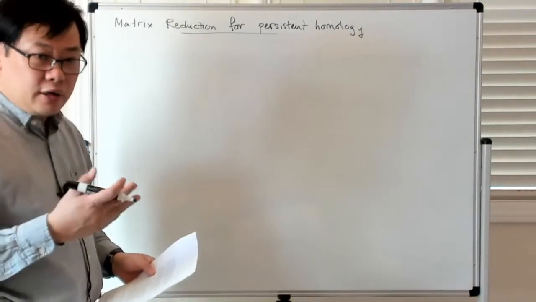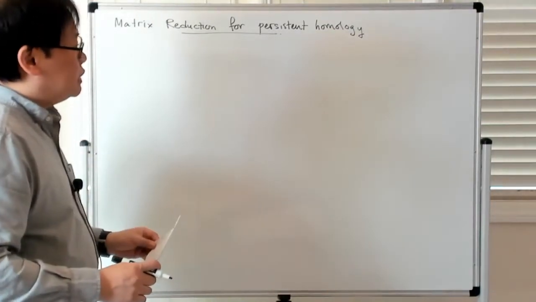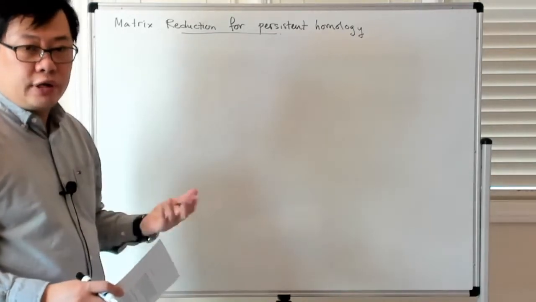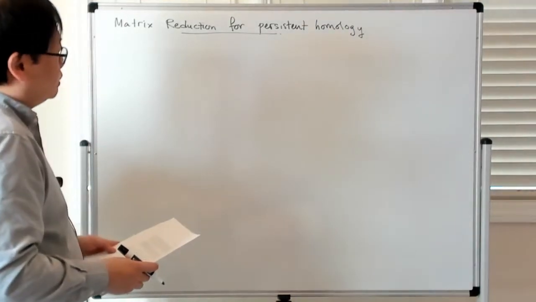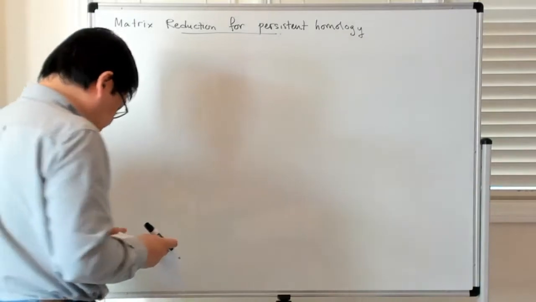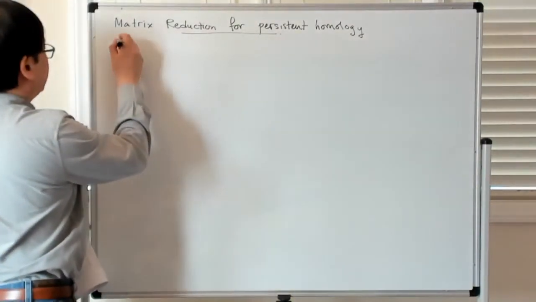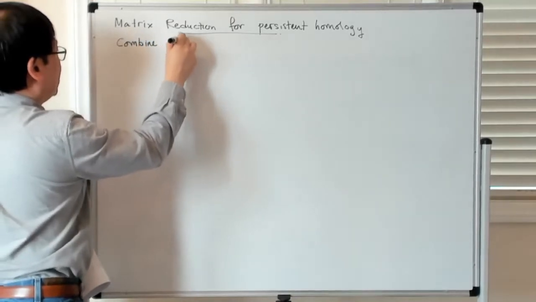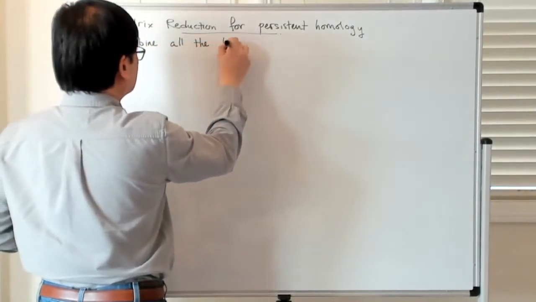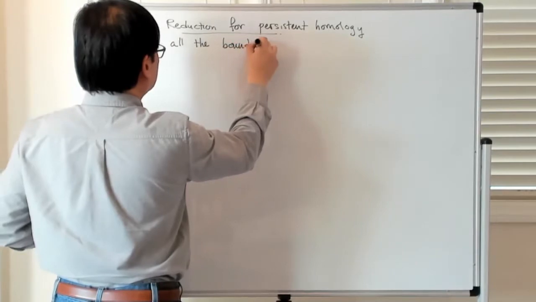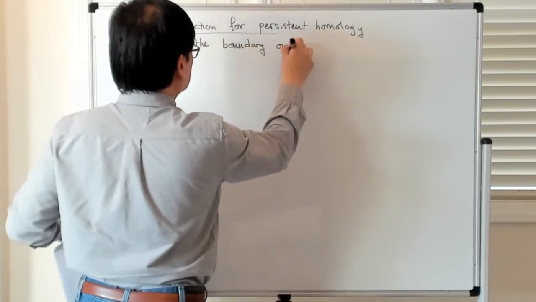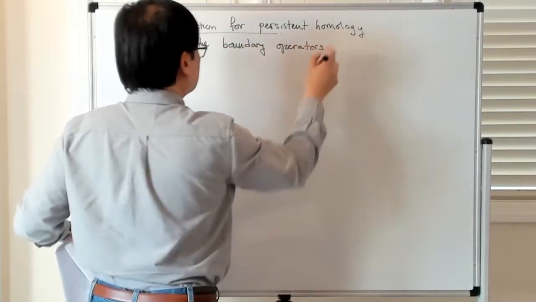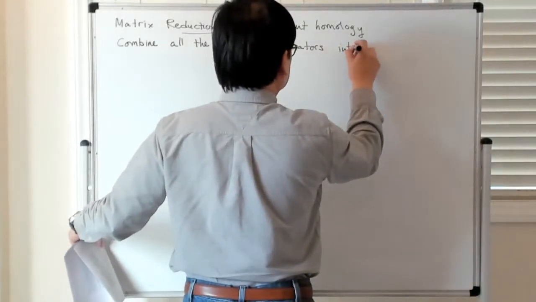That's one thing. The other thing is that this involves a particular ordering of the simplices, which we'll talk about in a little bit. So we're going to combine all the boundary operators into a single matrix.